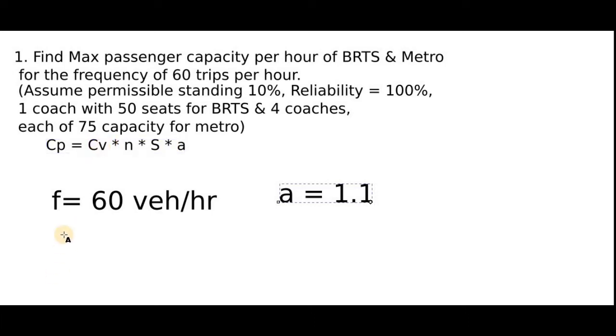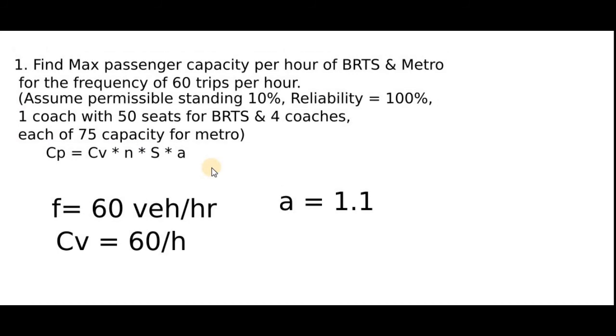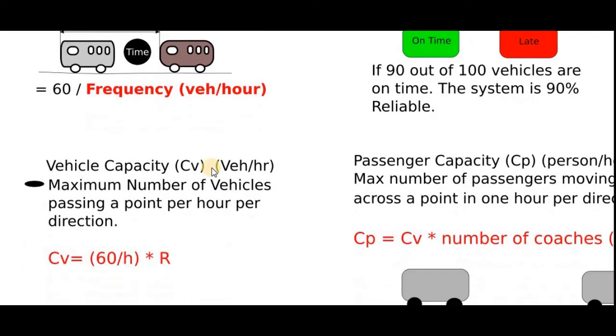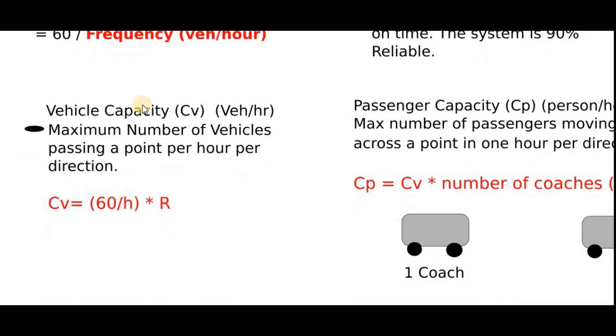If you remember, Cv is equal to 60 divided by H, into R. Vehicle capacity Cv is the maximum number of vehicles passing a point per hour per direction.